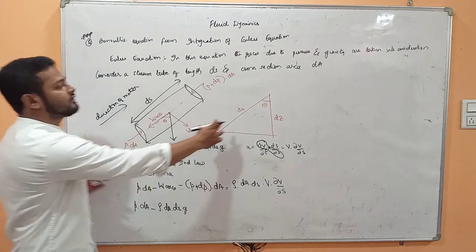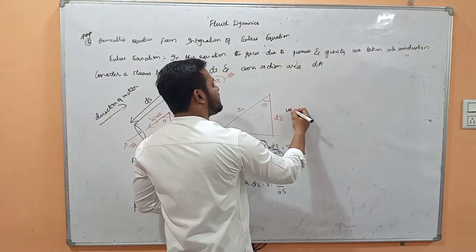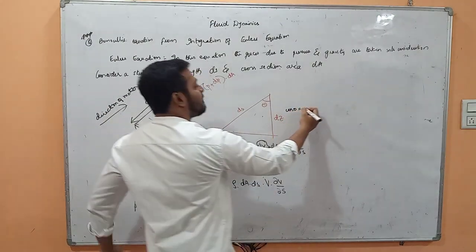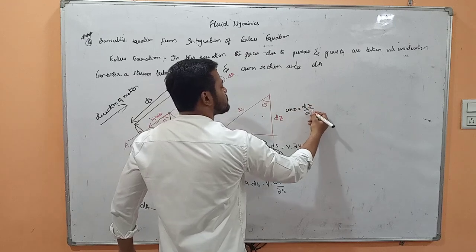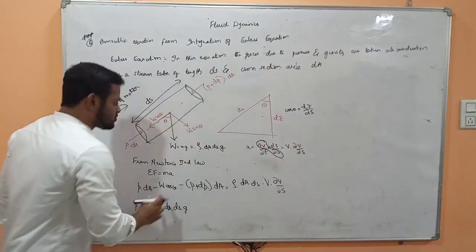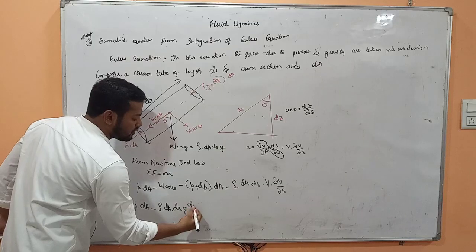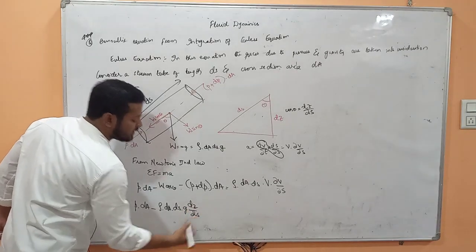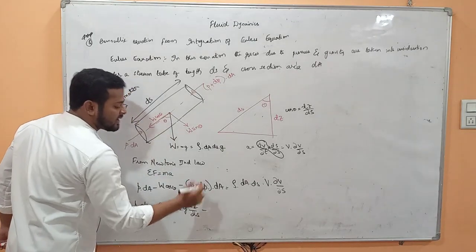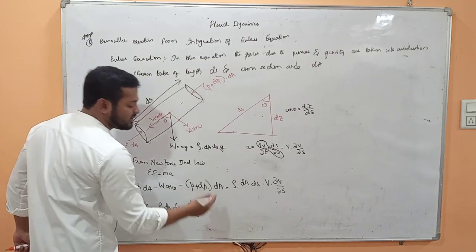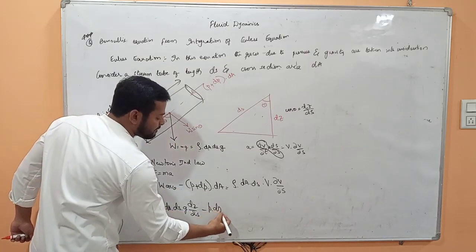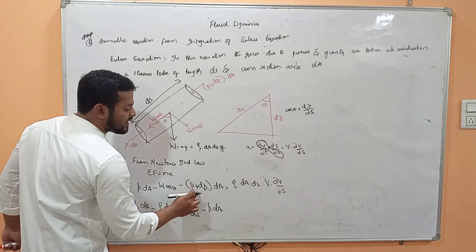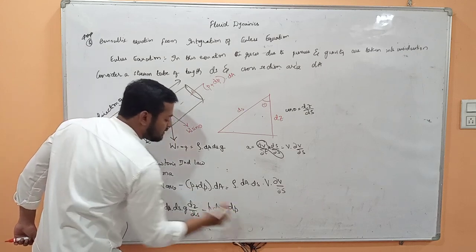What is cos theta from this? Cos theta is adjacent by hypotenuse, so dz by ds. In place of cos theta I can write dz by ds. I can open this bracket, so we get two terms: minus PdA and plus dP into dA with a minus sign.